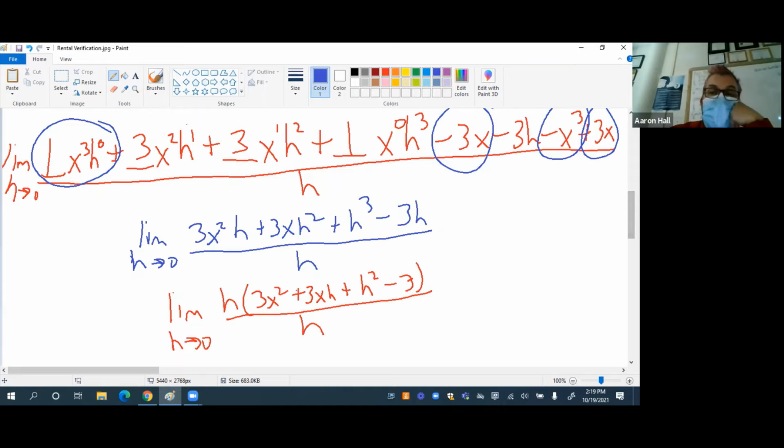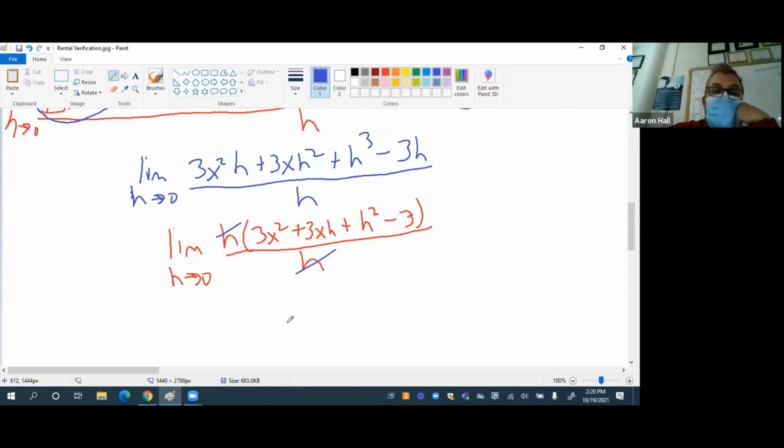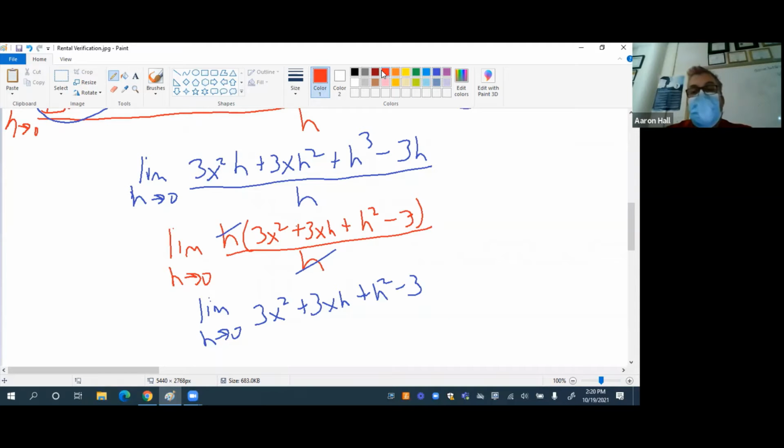Now what? Yeah, h divided by h is 1. That's gone. And so now I have this limit as h approaches 0 of 3x squared plus 3xh plus h squared minus 3. Now what?